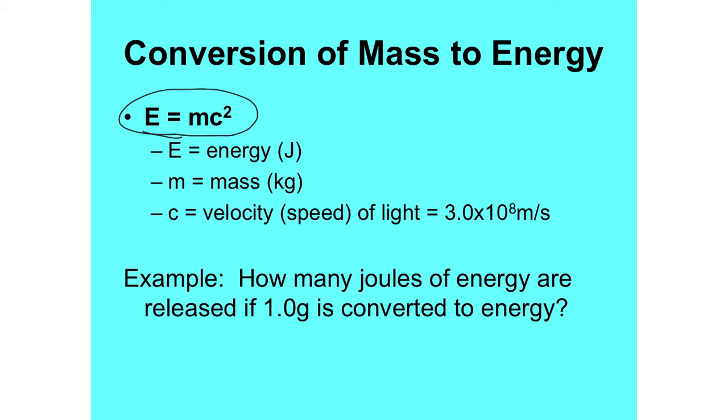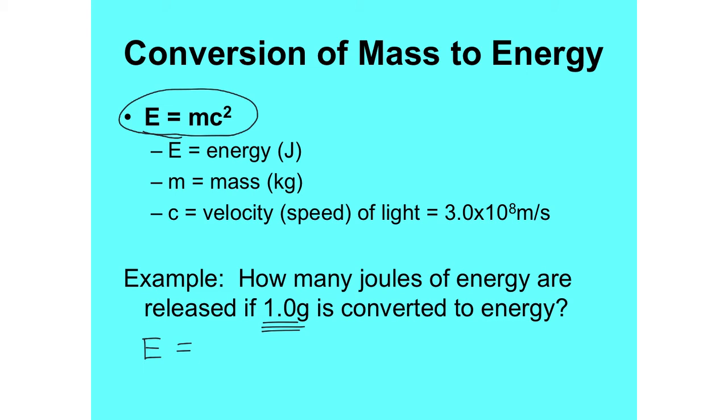So if we lost an entire gram, which in our nuclear reactions, we're not losing an entire gram, it would be fractions of that. But if we lost an entire gram and we plugged it into this equation, you will see that that would correlate to a huge amount of energy.